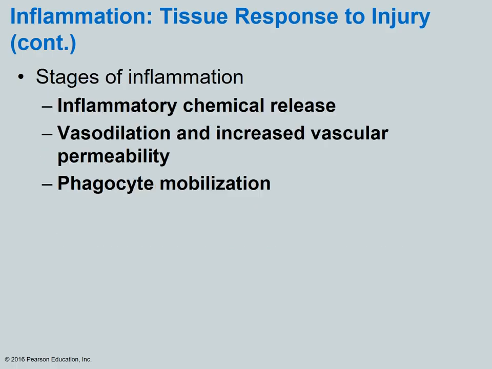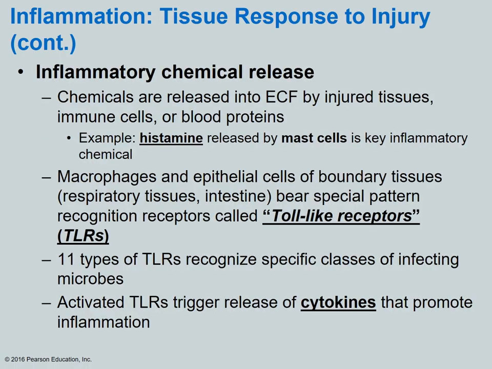So the various stages of the inflammation are the inflammatory chemical release, vasodilation, increased vascular permeability, and the phagocyte mobilization. In the inflammatory chemical release, what happens is you've had an injury, cut or whatever, and chemicals are going to be released into the extracellular fluid.